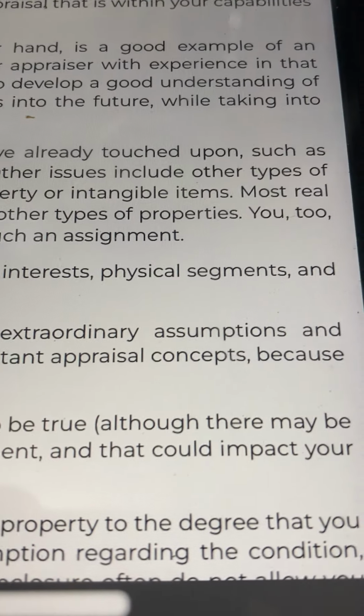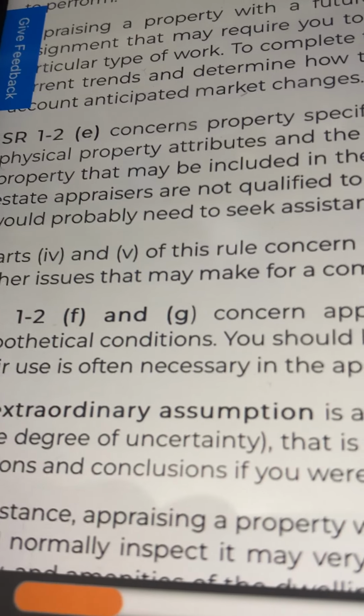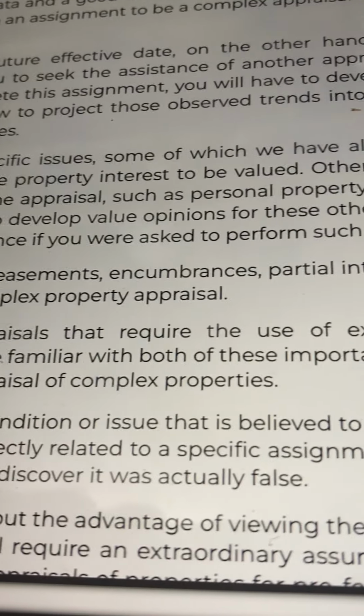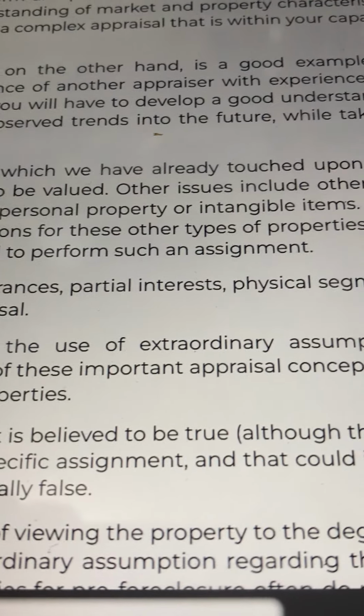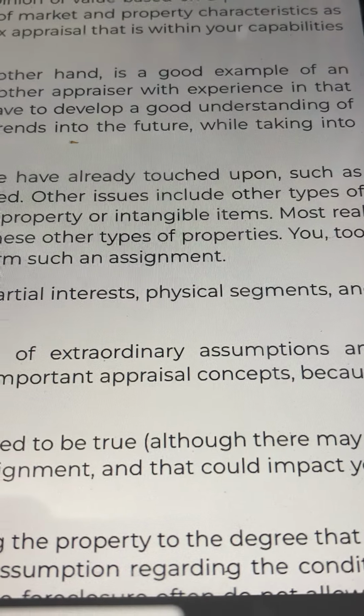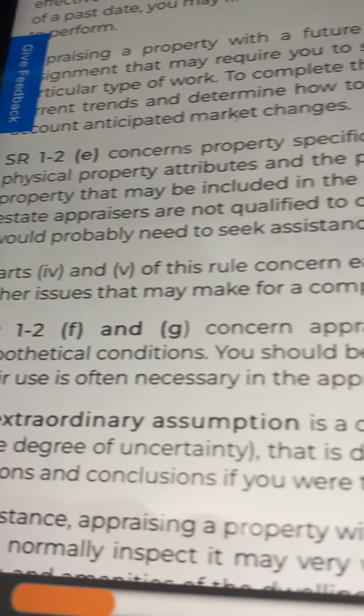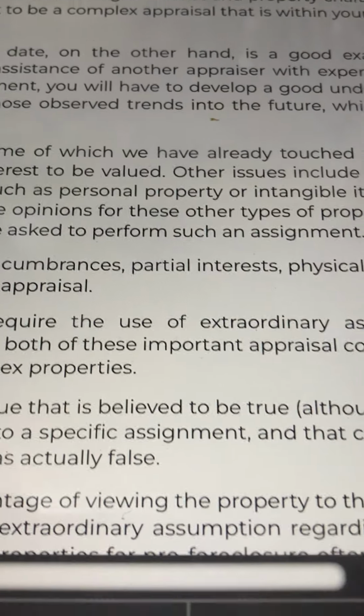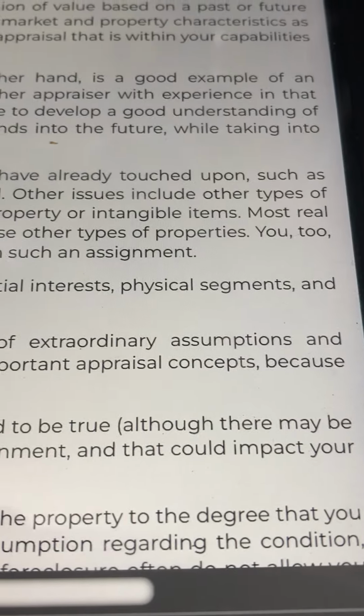Other issues include other types of property that may be included in the appraisal, such as personal property or intangible items. Most real estate appraisers are not qualified to develop value opinions for these other types of properties.